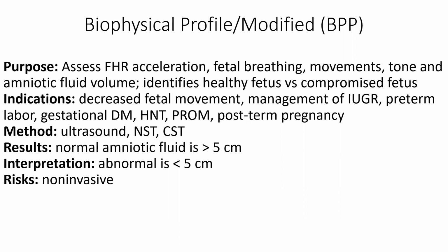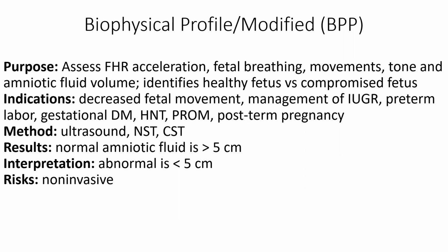This is used, of course, if they've said there's decreased fetal movement, management of intrauterine growth retardation, preterm labor, maybe gestational diabetes, so we're expecting a bigger baby, hypertension, or maybe just any of the high risk sides of pregnancy, or premature rupture of membranes, that's what PROM would be.